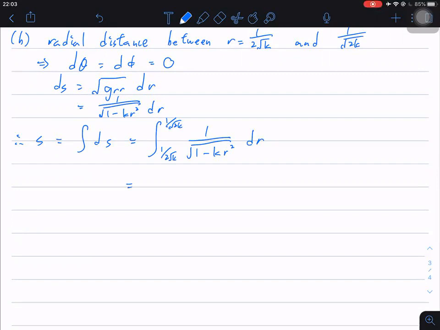And by some substitution, let's say u equal to root k times r, you can extract 1 over root k outside.